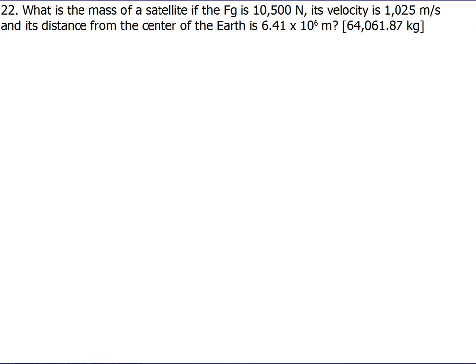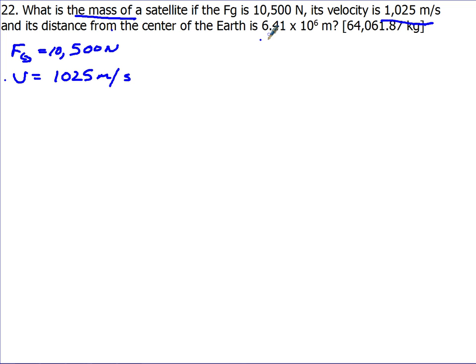All right, we're going to look for the mass of a satellite if the gravitational force is 10,500 newtons. So Fg is 10,500 newtons. It has a velocity of 1,025 meters per second.